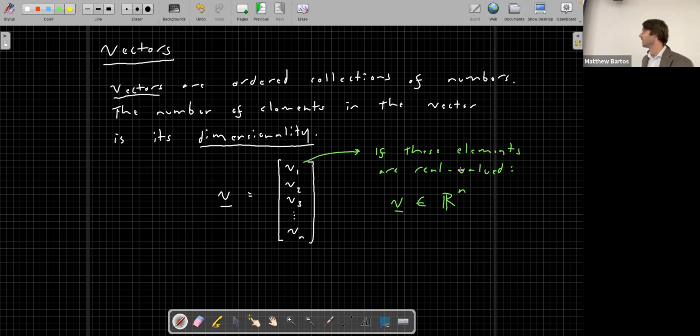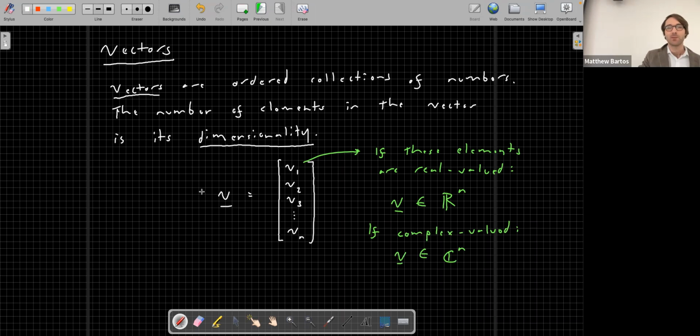Yes, Rn refers to the set of real valued n-dimensional vectors. So when we say v is in Rn, it means that our vector v is in that set. That is correct. If complex valued, we may say that v is in Cn, the set of complex valued vectors of length n.